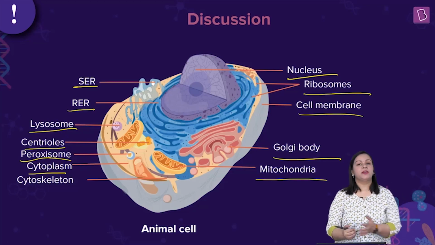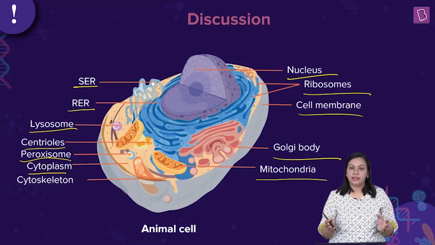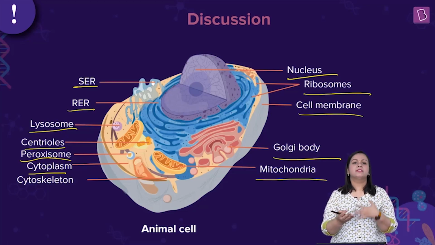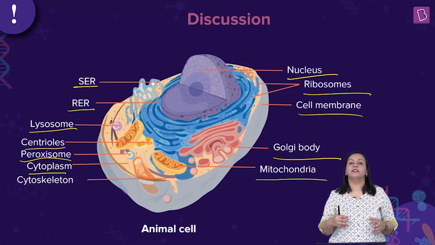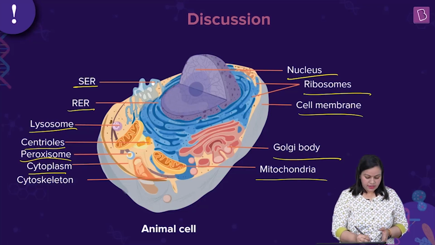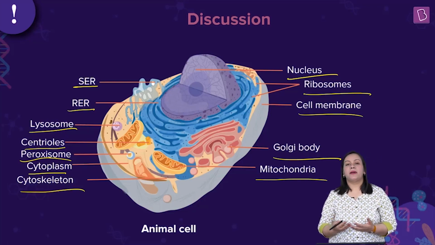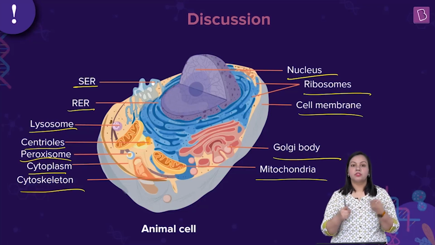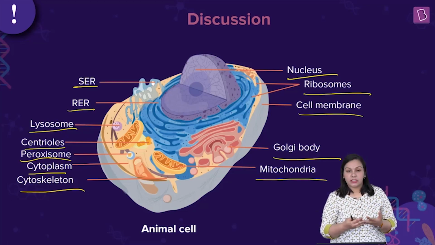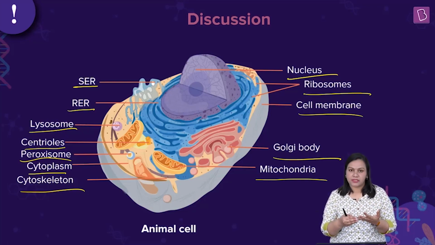Then talking about cytoplasm, cytoplasm is the background material of the cell. It is the semi-fluid matrix in which all the organelles are embedded. Then comes the cytoskeletal apparatus like microtubules, intermediate filaments, and microfilaments.